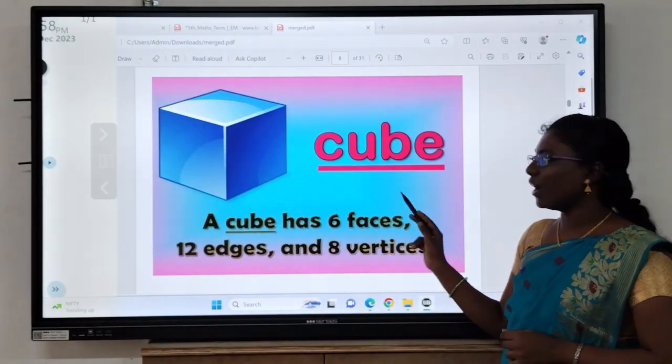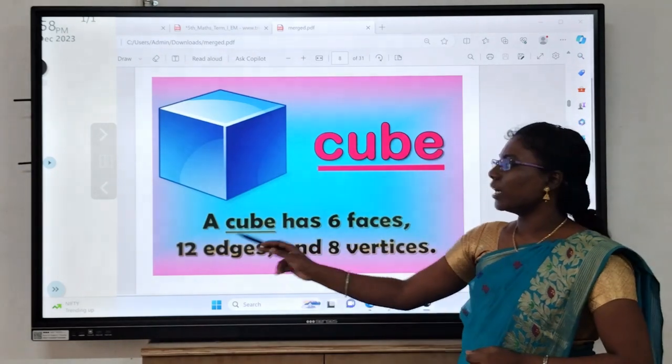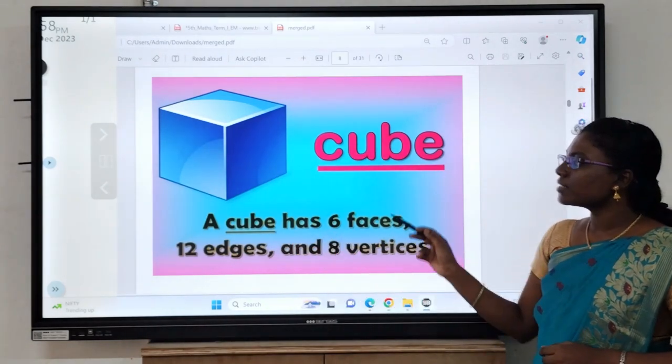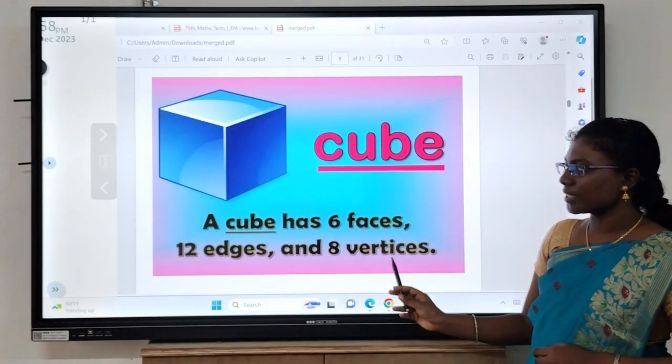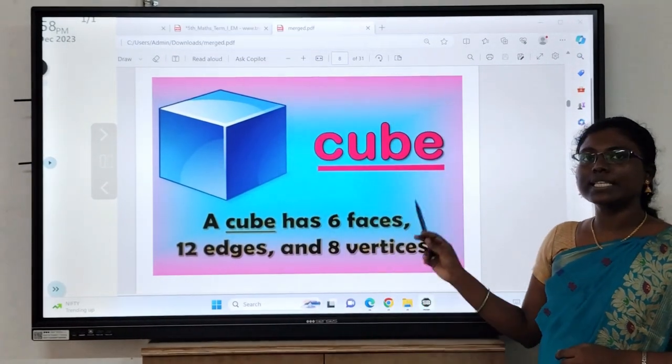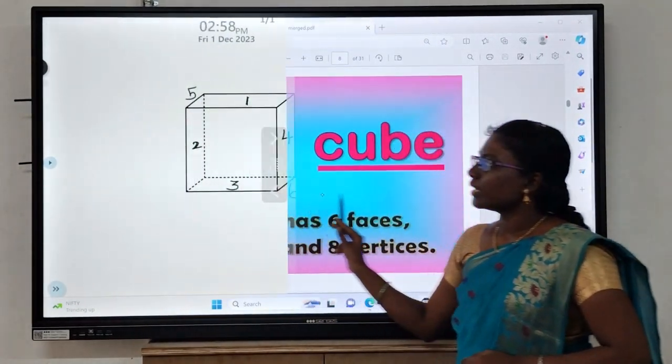Next, we have a cube shape. What is cube? The cube which has 6 faces, 12 edges, and 8 vertices. What are all the 6 faces in cube shape? Shall we see? Yes.